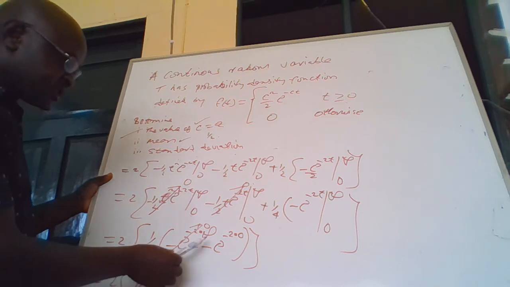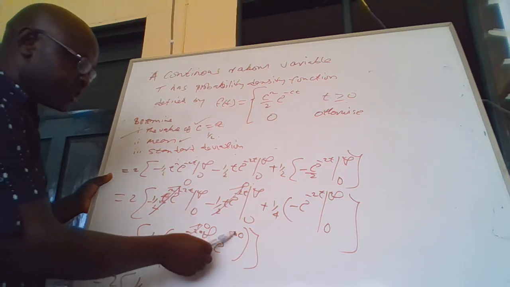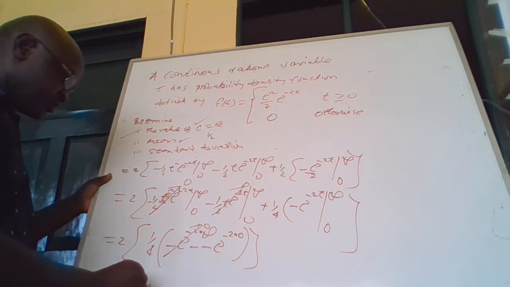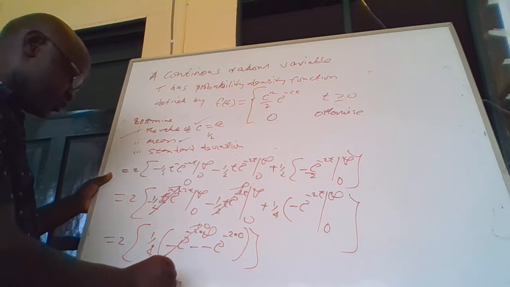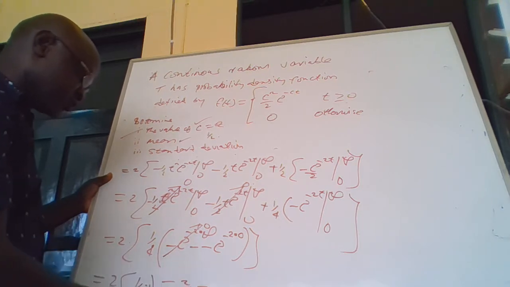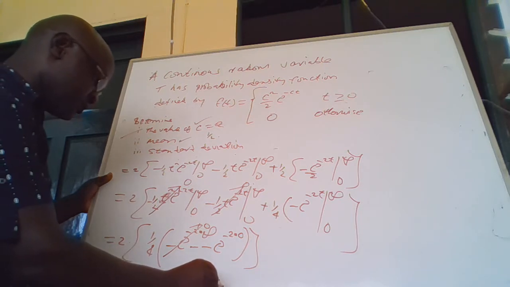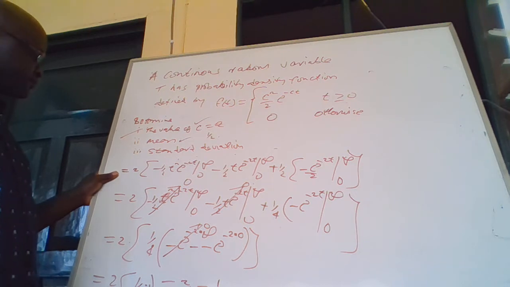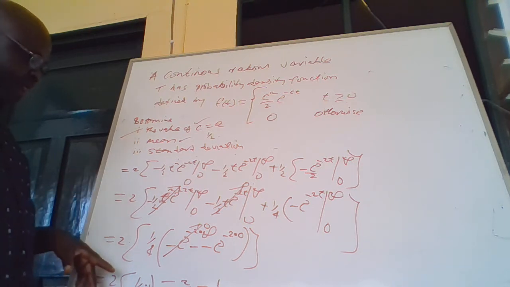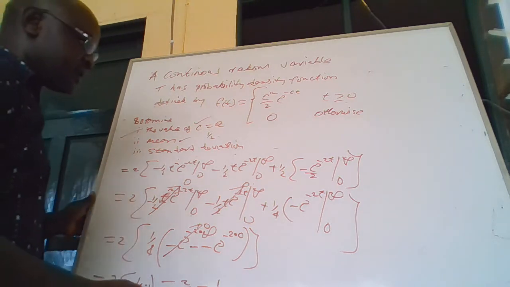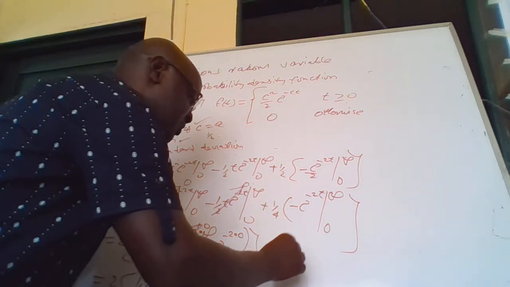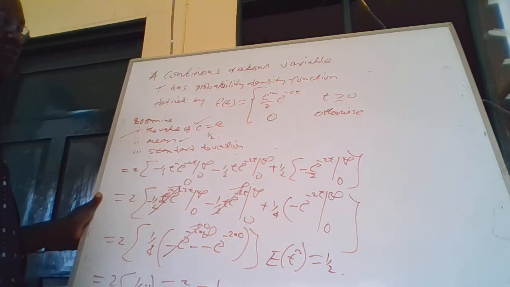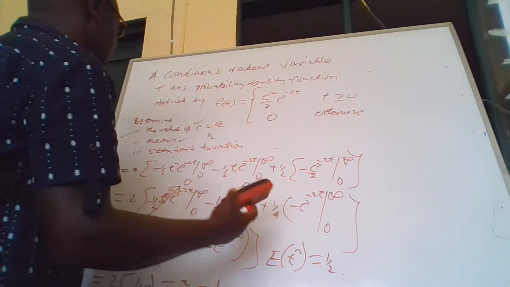Now minus and minus will be positive. Exponent 0 is 1. So we have 4 times 1. So this equals 2 all over 4, which equals 1 all over 2. So we are saying that this is the expected value of t squared, which equals 1 all over 2.